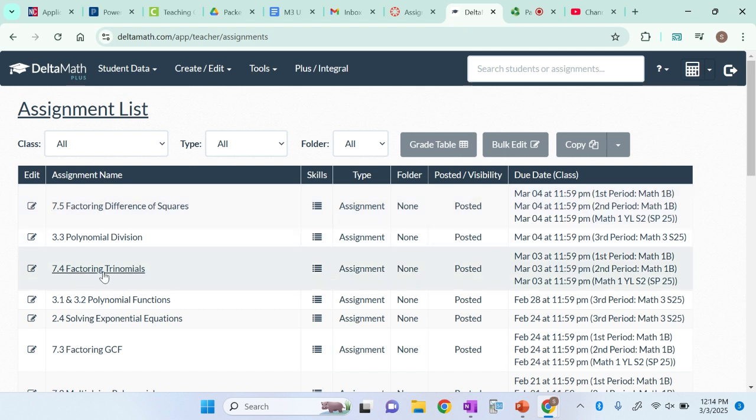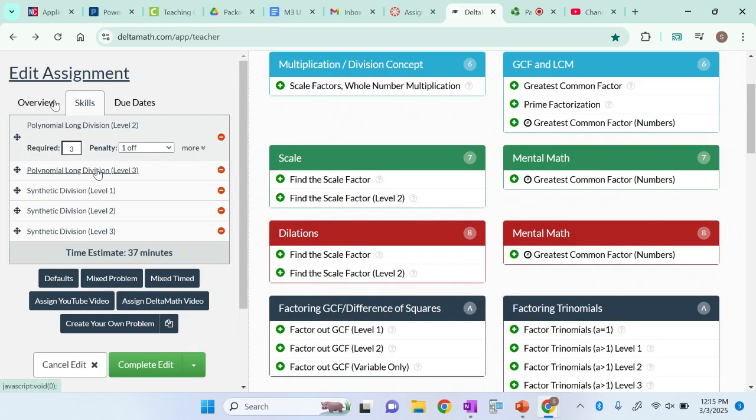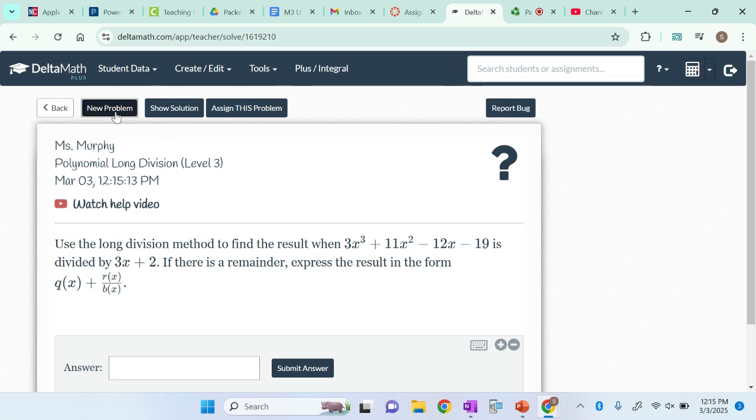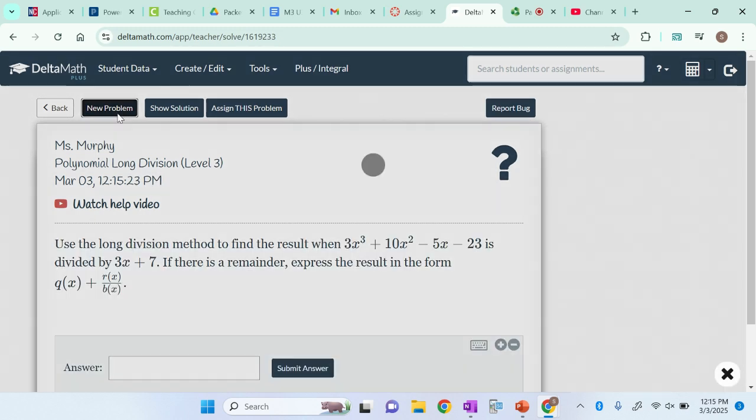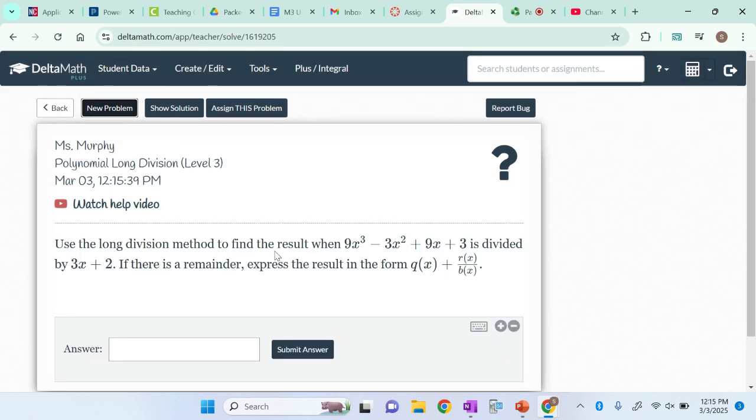Let's try this one. Is there a journal that goes over this? Okay, screw it. I can't find it.